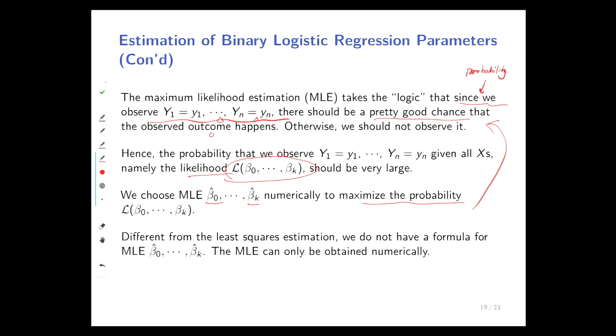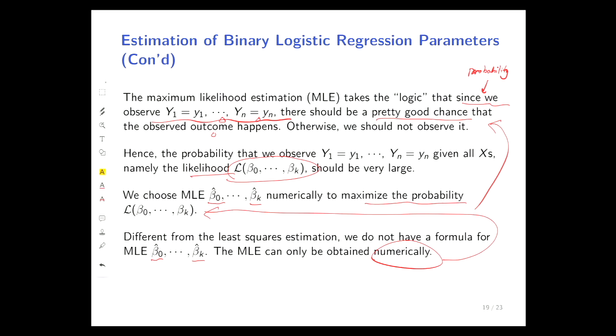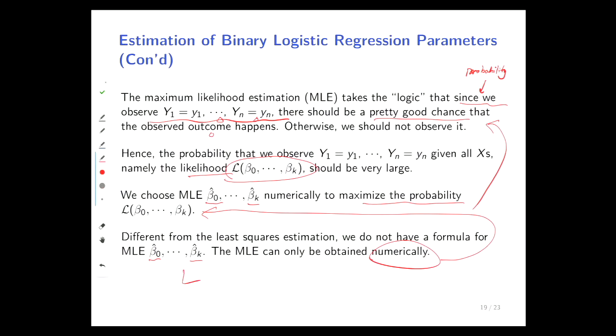So we maximize this probability and obtain our estimation. Those estimates, beta 0 hat to beta k hat, numerically maximize this likelihood function. Unfortunately, unlike least squares estimation, we no longer have a formula for beta 0 hat to beta k hat. We can only have a numerical solution. But fortunately, R can help us obtain those estimates directly.